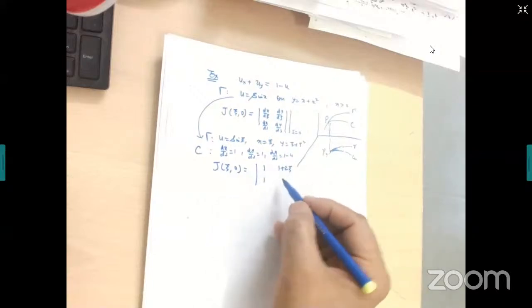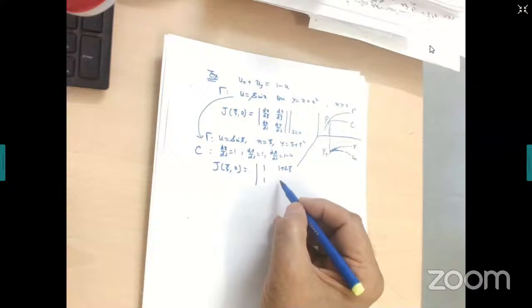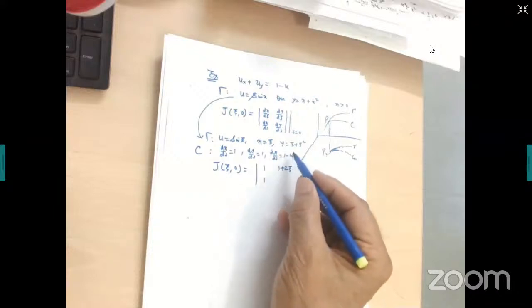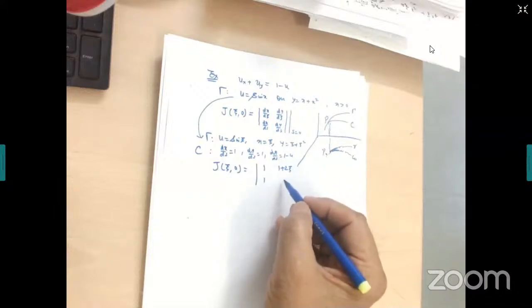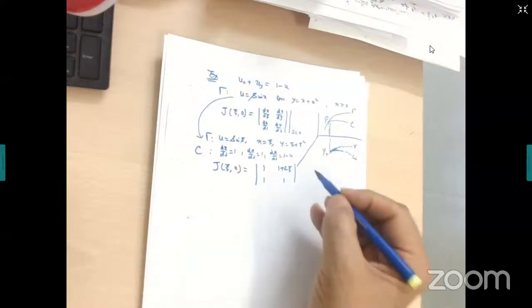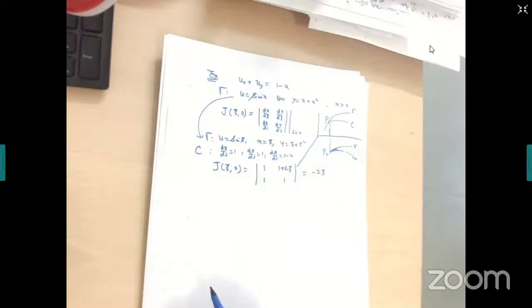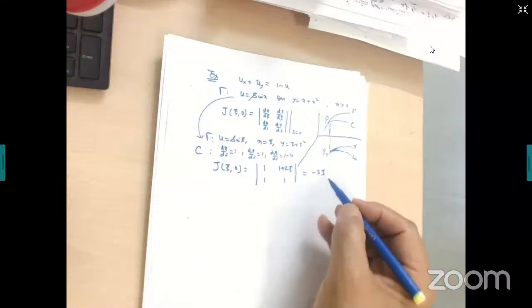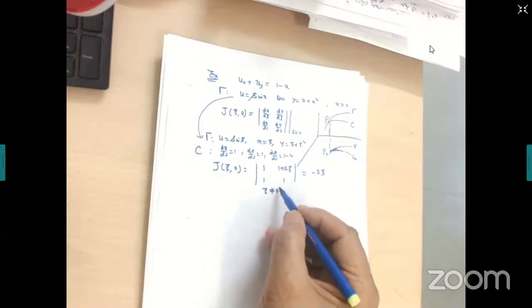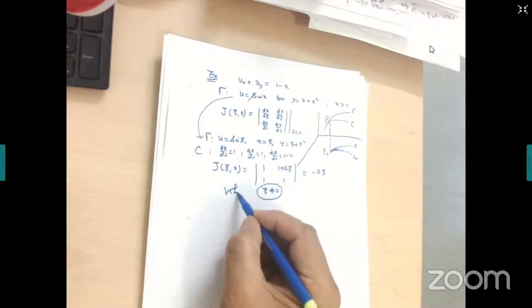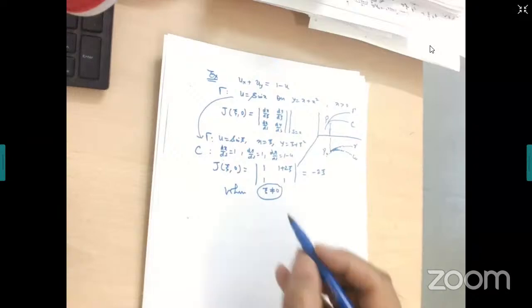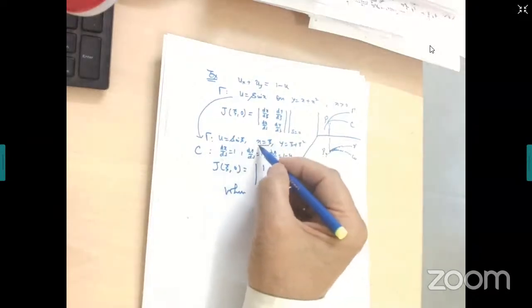So for this base curve, what is this dy by ds? It is 1. So what is the difference? 1 minus 1 minus 2 xi, that is minus 2 xi. What happens when xi is different from 0? Unique solution. And xi is nothing but your x.